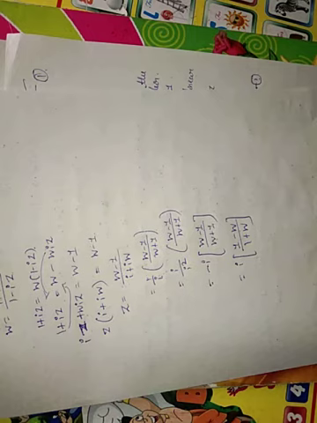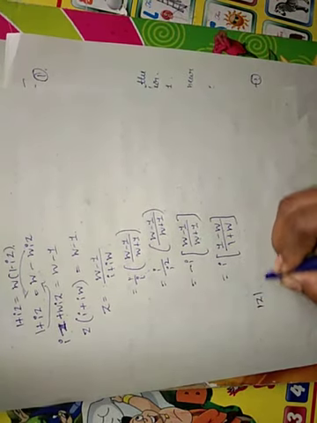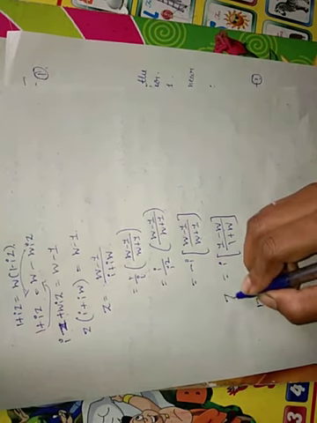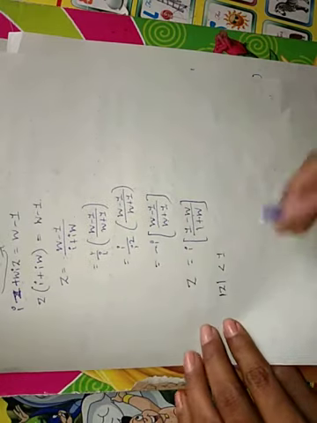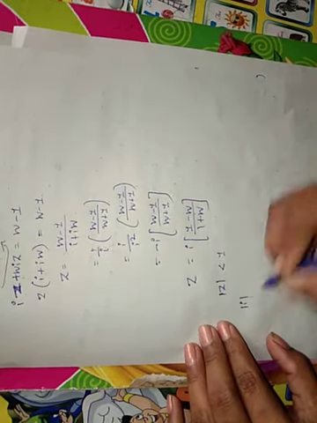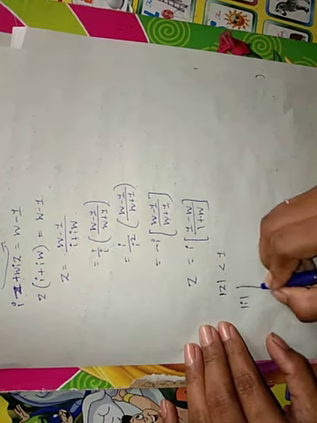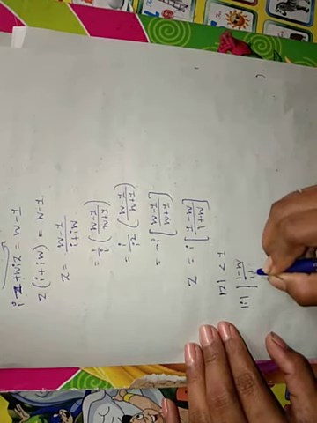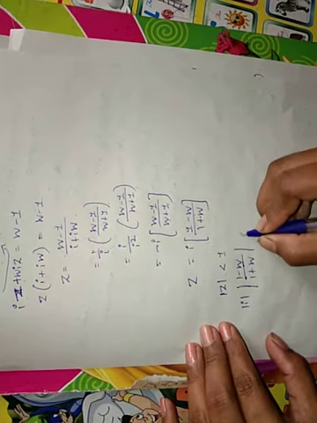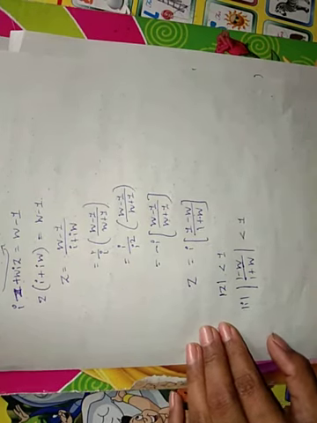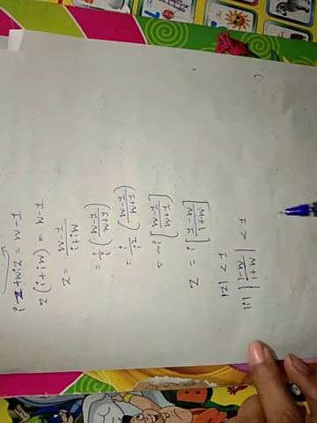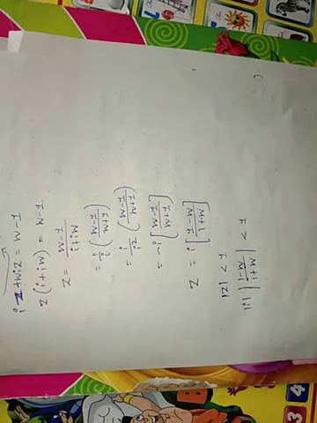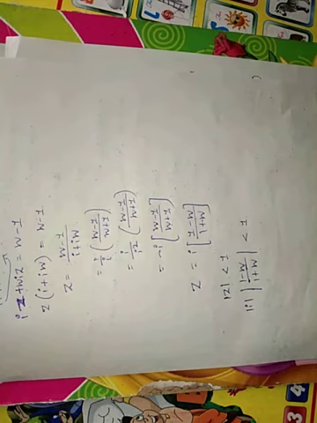Now, we have mod Z less than 1. So, our Z is here. Mod I, mod of (1 minus W) divided by (1 plus W) less than 1. Now, take a square on both sides. Clear?